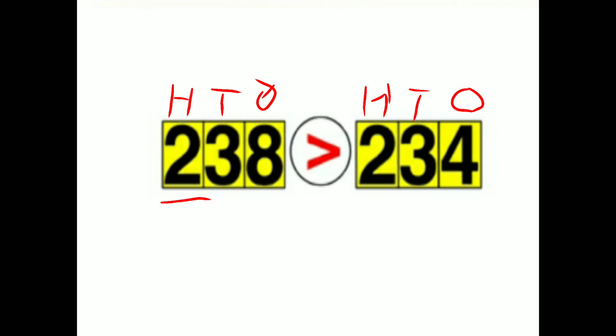So here we have the same number 2 in hundreds place. And now we can see that we have the same numbers in tens place also. So now we need to move to ones place. Here we have 8 in ones place and in the second number we have 4 in ones place. So we know, yes, 8 is greater than 4. So 238 is greater than 234.